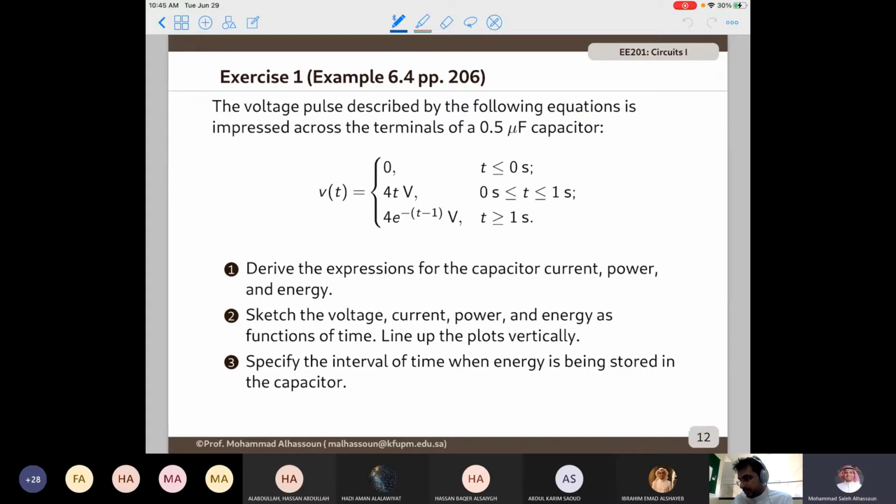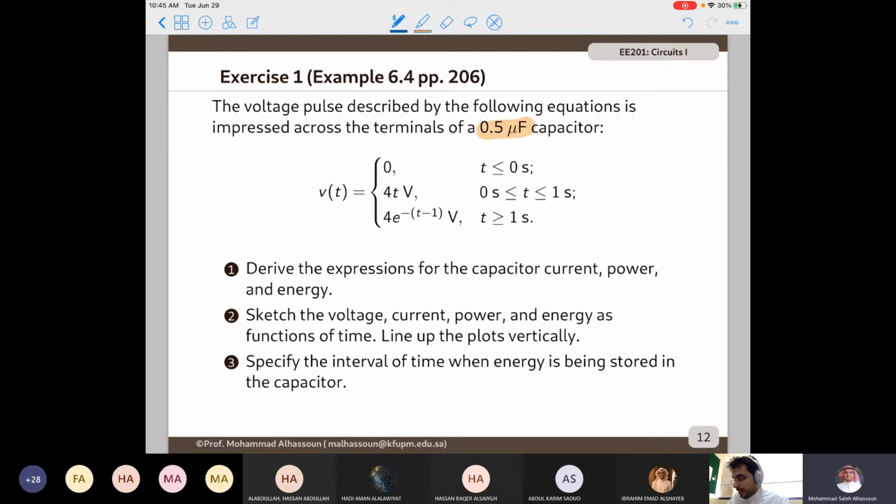Okay, so let's solve this exercise. It's similar to the exercises that we solved, but in this case, instead of an inductor, we're going to have a capacitor.